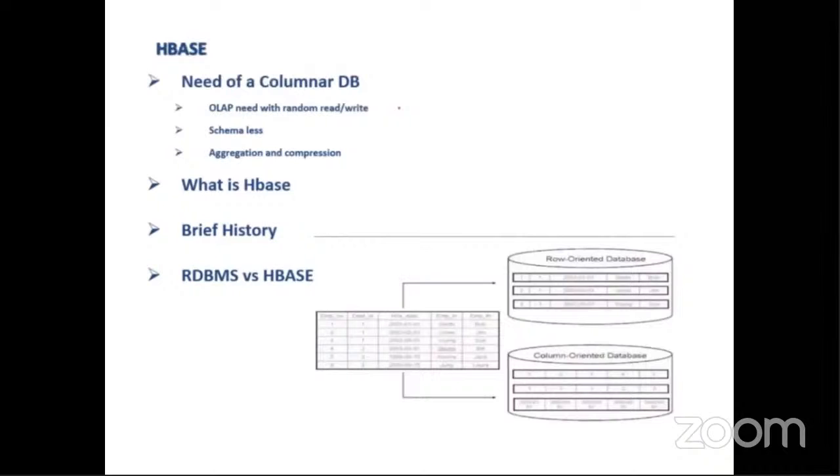If you want to write the data immediately and read the data immediately, HBase is the best option. It's a very fast NoSQL DB. If you want to read the data immediately, it will be retrieved from HBase. Clear, understood?